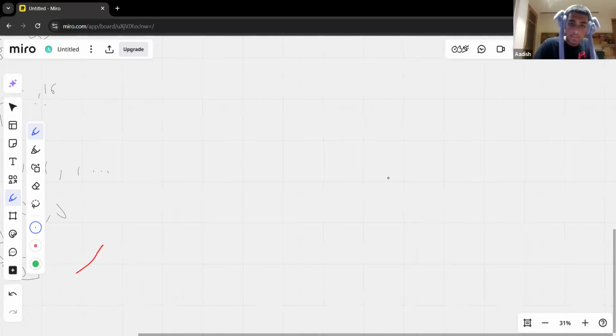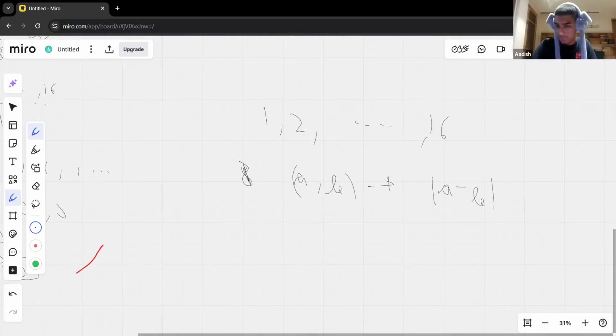Sure. So you have the numbers 1, 2, and all the way to 16 written on the board. In a move, you pair these up. So in the first move, you will be making 8 pairs. And then what you do for any pair A comma B, you replace it by a single number, A minus B, absolute value. So at first you have 16 numbers written on the board.